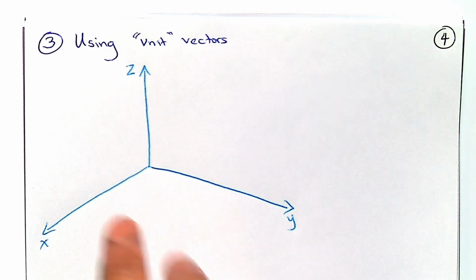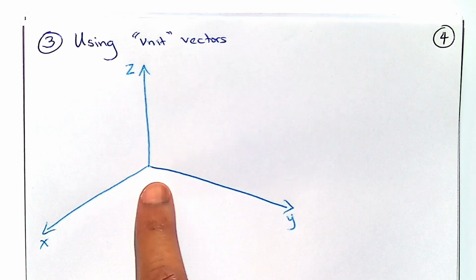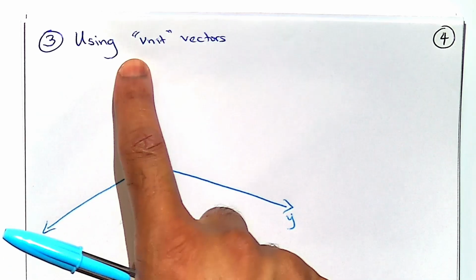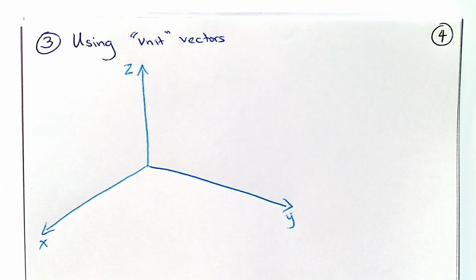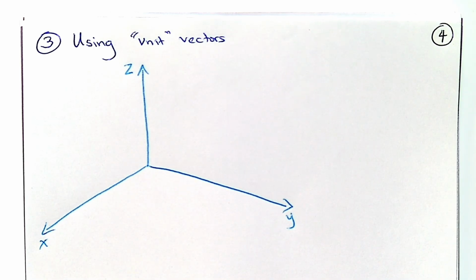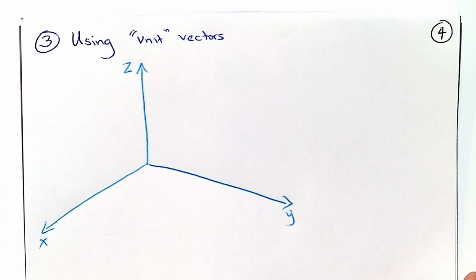So Cartesian coordinate system, if you can imagine the corner of your room to be the origin, and then you can have an x direction, a y direction, a z direction, and then anything in your room you can reference based on this coordinate system. You can say that your table is so many meters by so many meters by so many meters from this corner. You've likely seen the Cartesian coordinate system before.